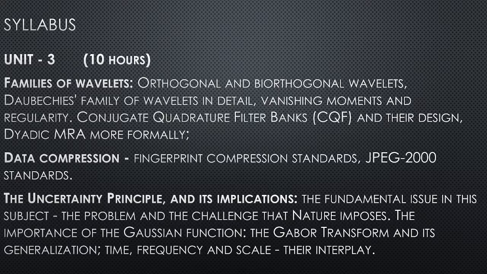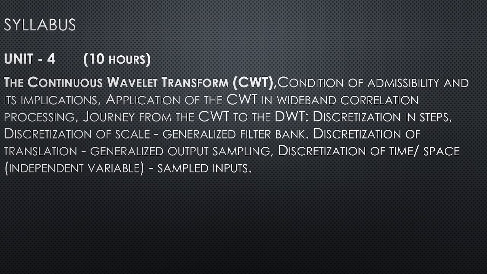And then we have something called the uncertainty principle and the challenge and how it is taken care of. In unit 4, we look at 2 important wavelet transforms, the continuous wavelet transform and the discrete wavelet transform, and why there was a need to switch from continuous to discrete, and what the advantages and disadvantages are. So this is basically what the syllabus is in wavelets and multi-rate signal processing.